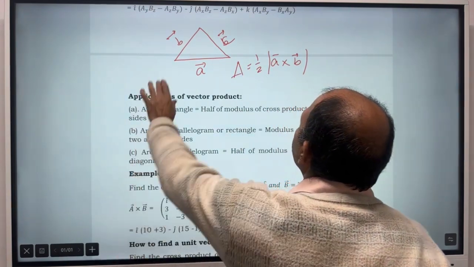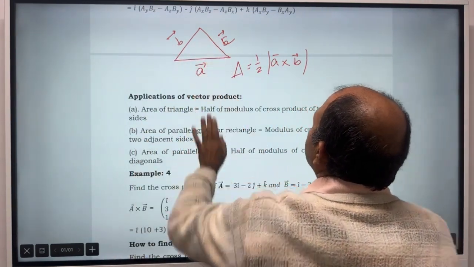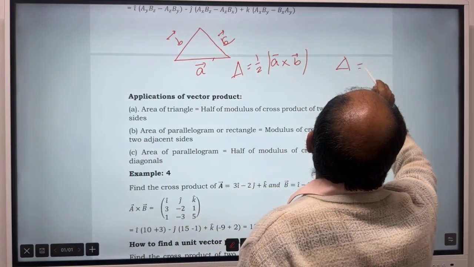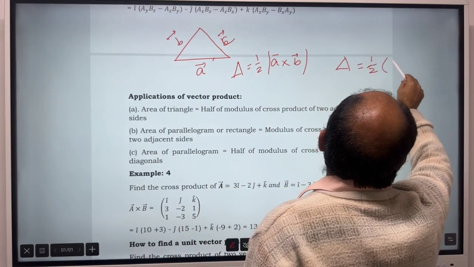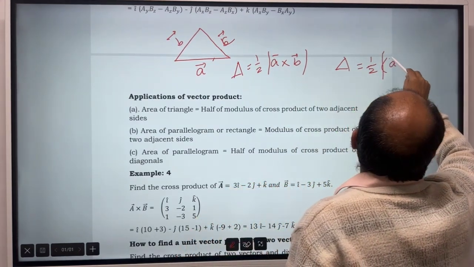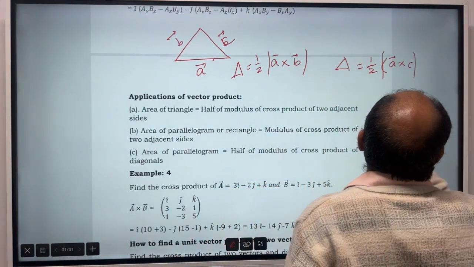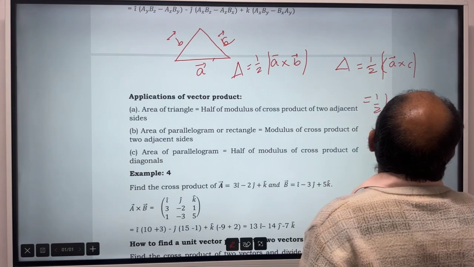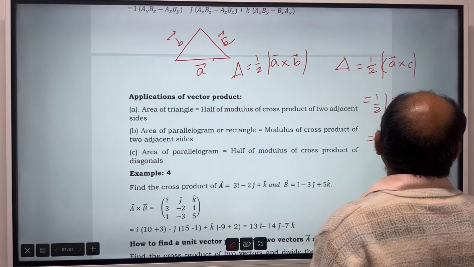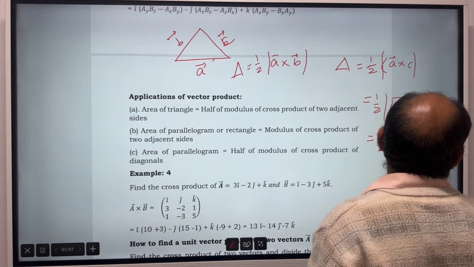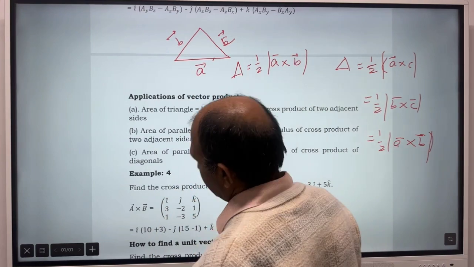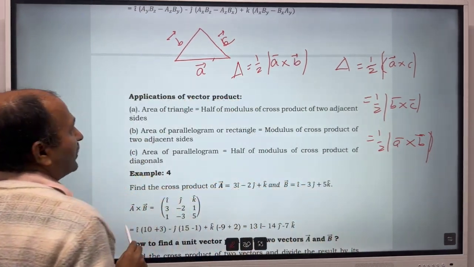So you can say, if we take any two sides, suppose we take A and C, the area of the triangle will be equal to modulus of A cross C, or 1 by 2 modulus of B cross C, or 1 by 2 modulus of A cross B. So you can take any two adjacent sides and find their cross product.